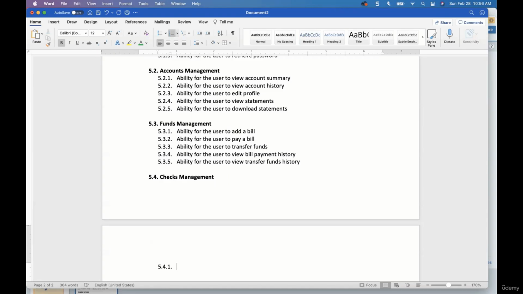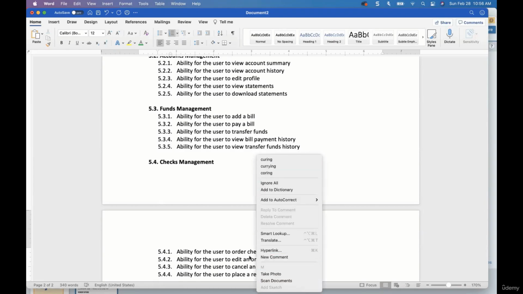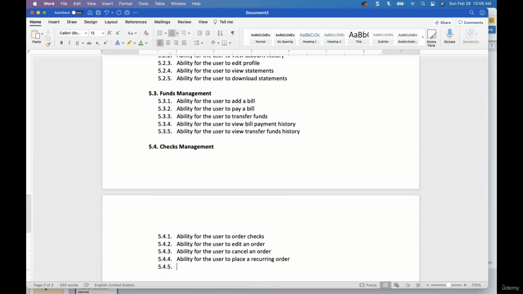And then what are my requirements for checks management? Ability for the user to order checks, ability for the user to edit an order, ability for the user to cancel an order, ability for the user to place a recurring order, ability for the user to view order history.